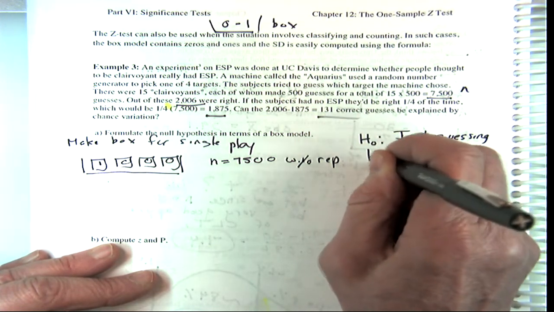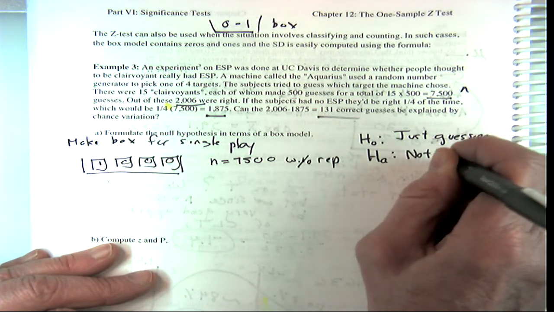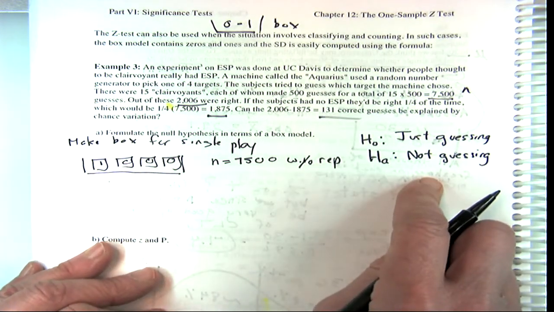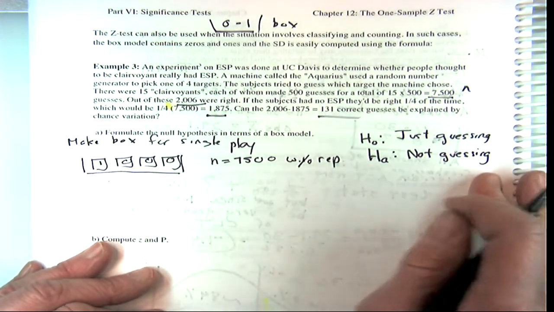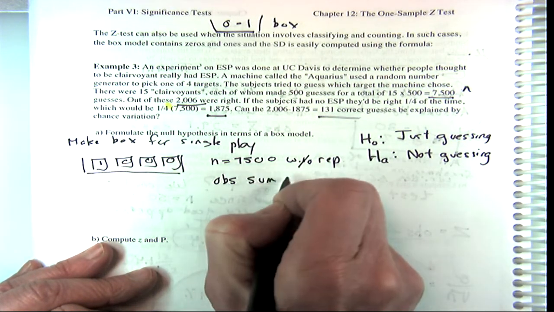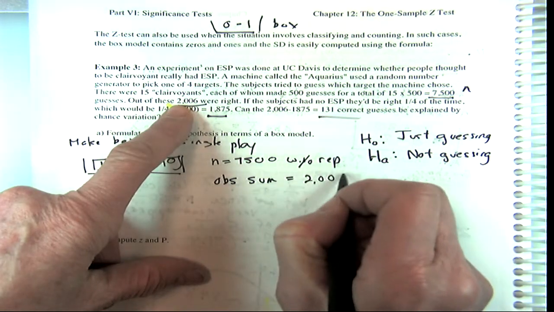And the alternative is no, they're not guessing. Something else is going on. Not necessarily that they have ESP, but that it's too big to be due to chance. Our observed sum is given to us right here, 2,006.